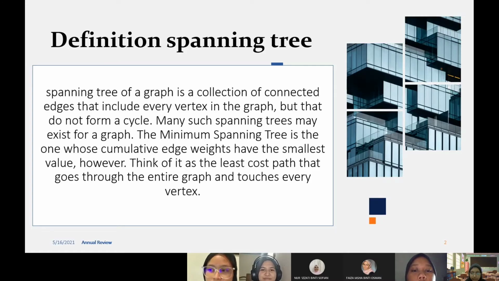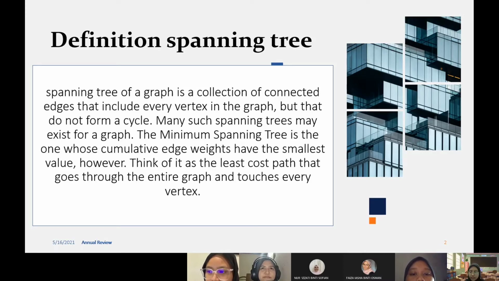First, we have to know the definition of a spanning tree. A spanning tree of a graph is a collection of connected edges that includes every vertex in the graph but does not form a cycle.